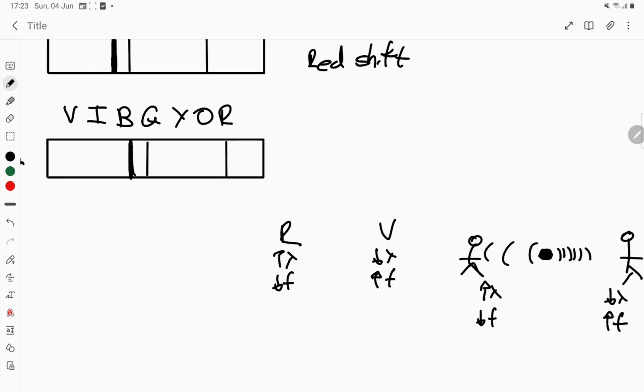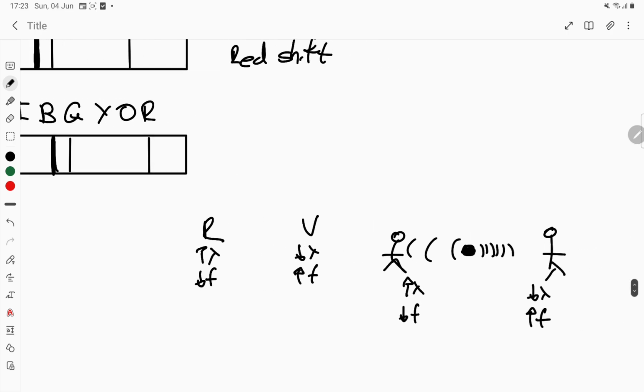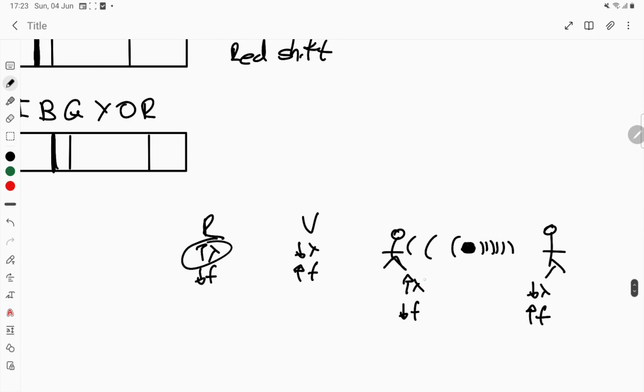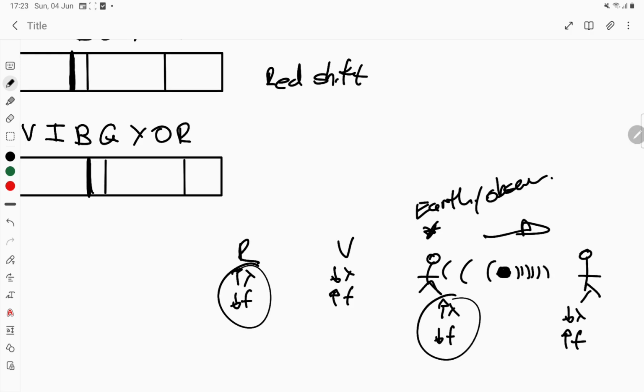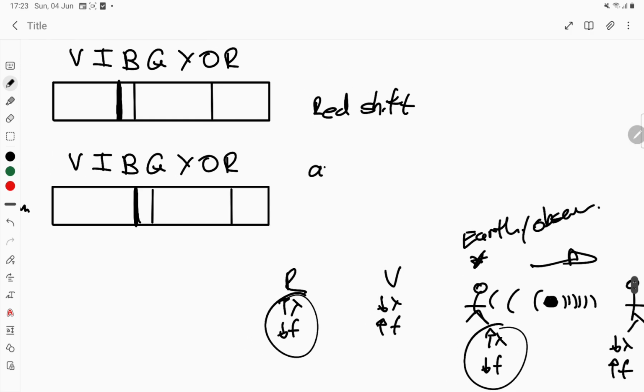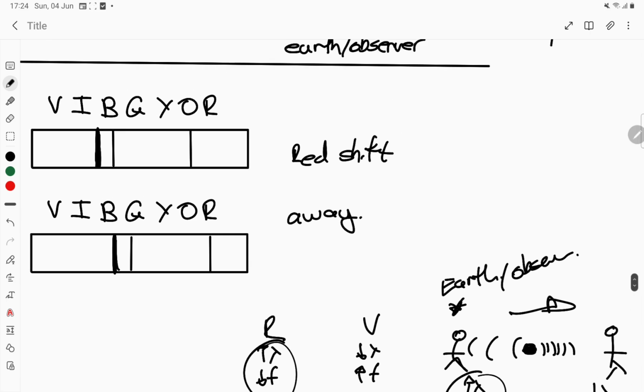So if we're shifting towards the red side, we're going to look where the higher wavelength, lower frequency part is, so obviously the thing has to be moving to the right, which is then away from the Earth or observer. Right, so it is going away. So redshift is away from the Earth observer.